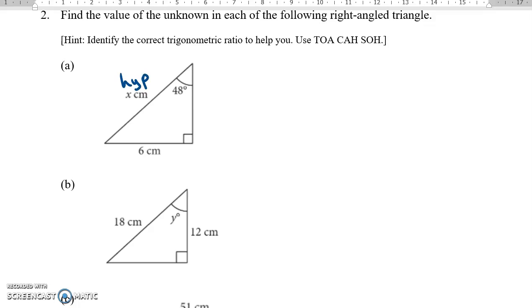The reference angle given is 48, so 6 cm would actually be the opposite. So in this case, I will have to use sine of 48 equals to opposite over hypotenuse to help me find the unknown x.